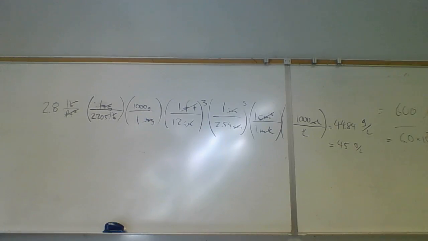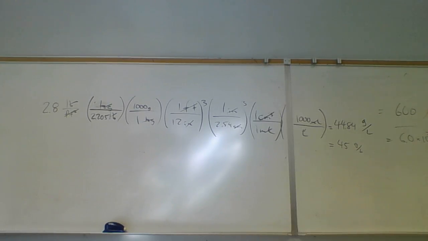Because you should have some reference point densities in your mind. Like the density of gold. Density of gold is about 20 grams per milliliter.